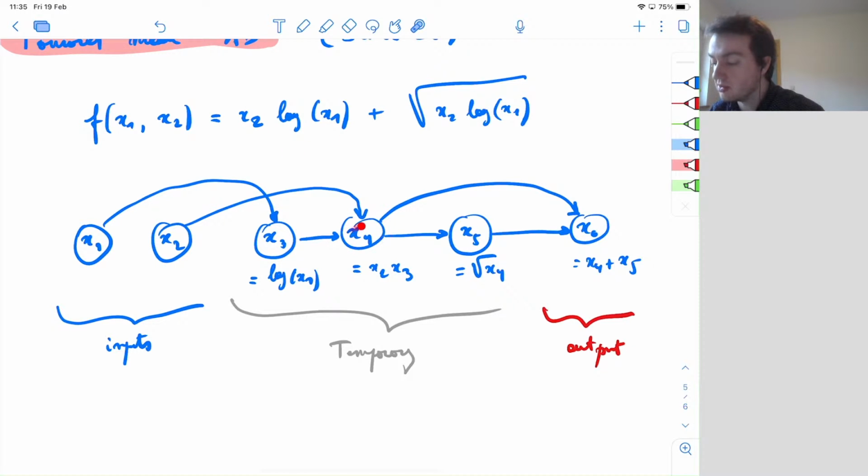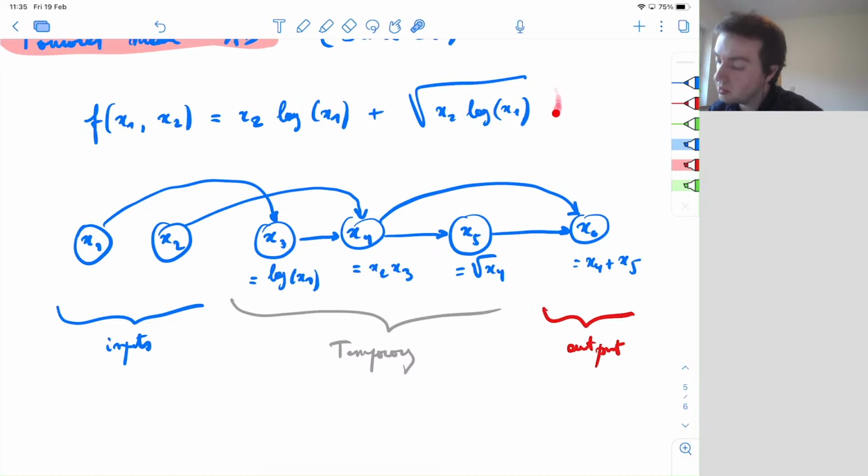Let's say we store this value in x4, right? Then, since you are smart, you notice that this quantity is used both in this term and inside here, so you would not compute it again explicitly, you would just reuse the computation that you stored in x4, right?